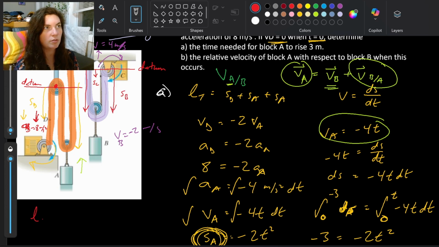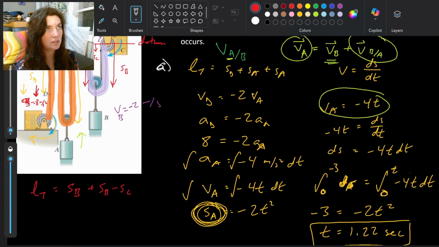If I'm finding that overall length of rope equation for this, I'm going to get SB plus SB minus SC, right? I have this little section of SC here that is getting subtracted out where C is going in at that velocity. Just like we've seen in some of the other problems.